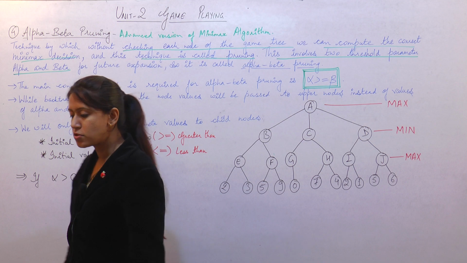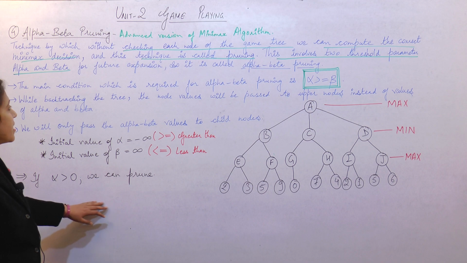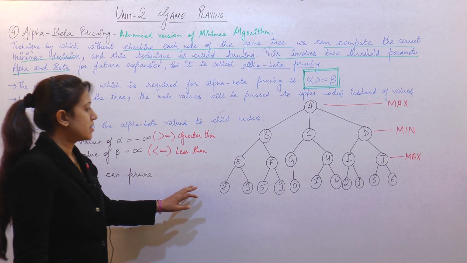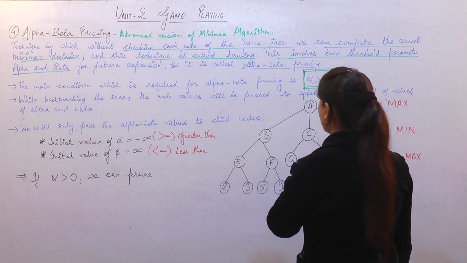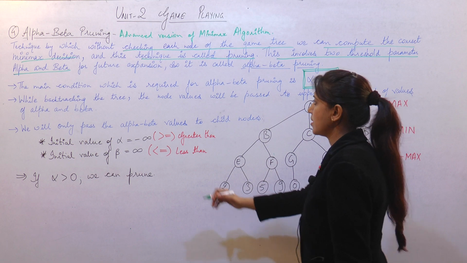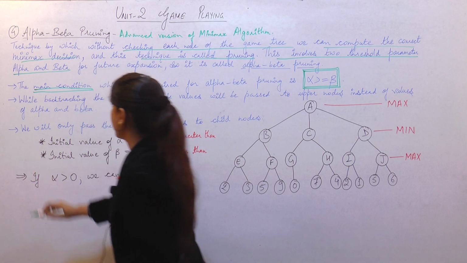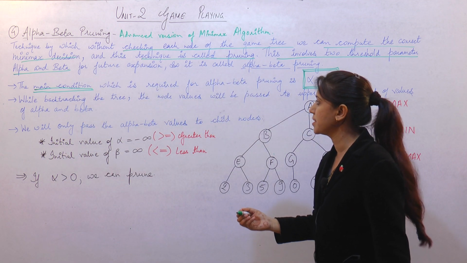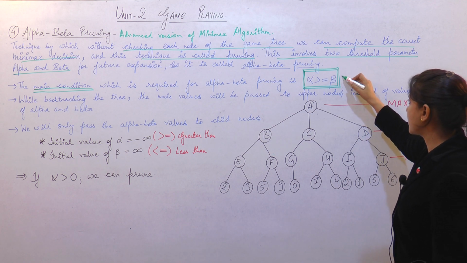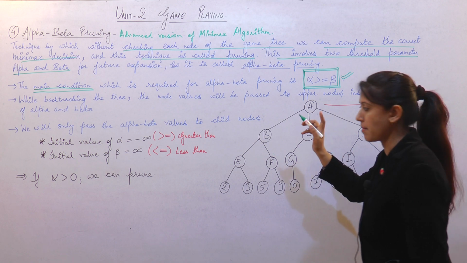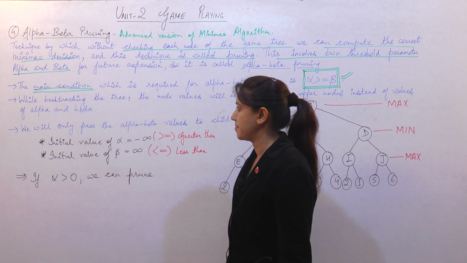Now the main condition which is required for alpha beta pruning, always remember, is alpha greater than or equal to beta. This condition should always be kept in mind while solving the game tree by alpha beta pruning technique.